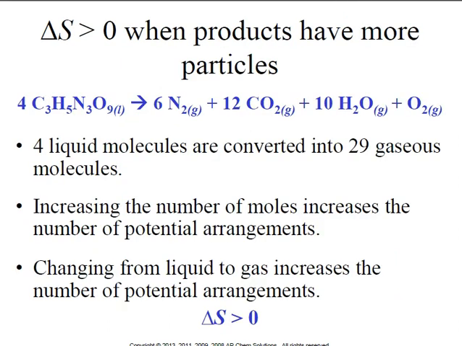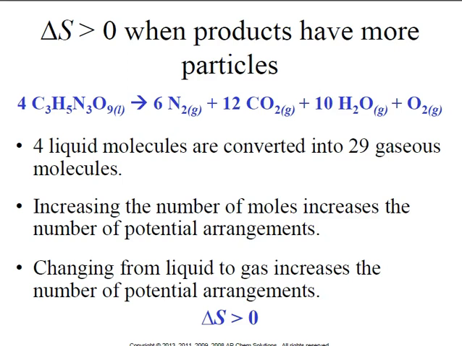Here we have a reaction where we have a liquid going into a gas, so that automatically is an increase in disorder, regardless of the number of molecules. You have a liquid going to a gas, so pay attention to your states when you're wondering if it's an increase or a decrease in disorder. Liquid to gas, that's an increase.